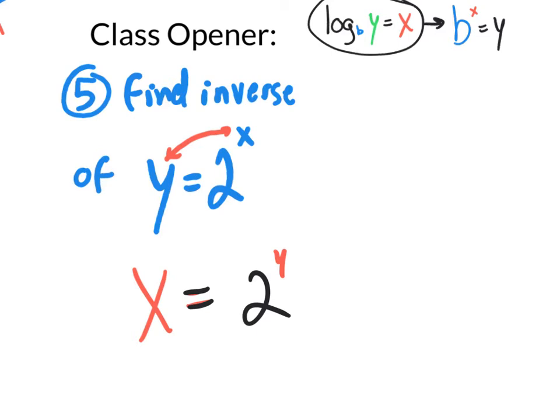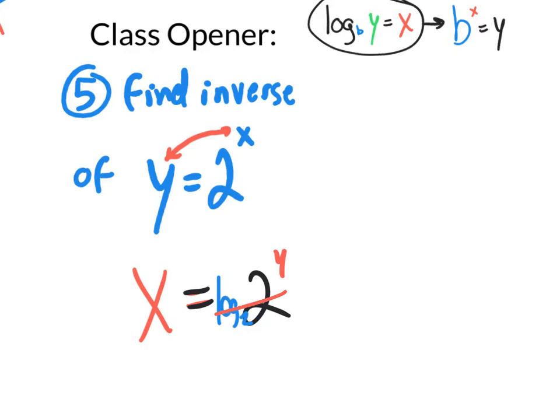But now we need to solve for y. How do I solve for y? See, y is an exponent. I don't want it to be an exponent. I want it to be a regular y. If I want to undo the base 2, I would have to apply a logarithm. We should know that when I do log base 2 of 2, it cancels out, it eliminates, and the y comes down.